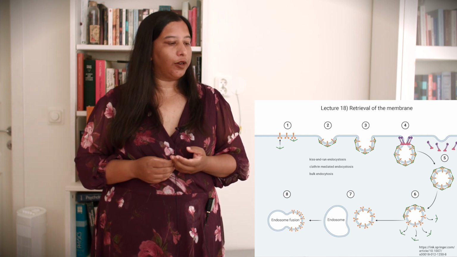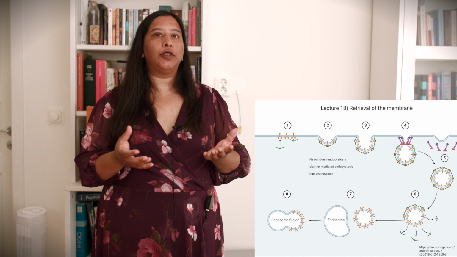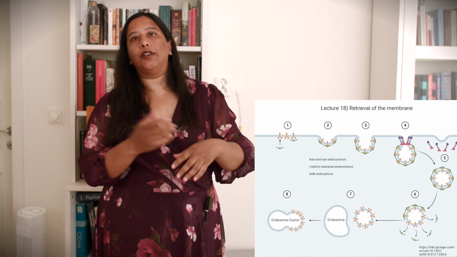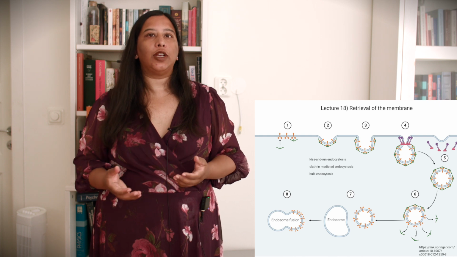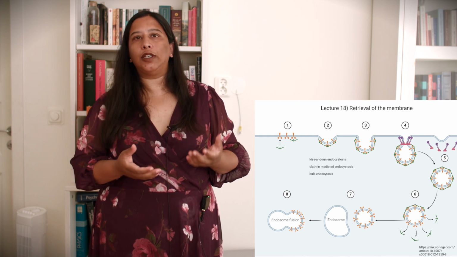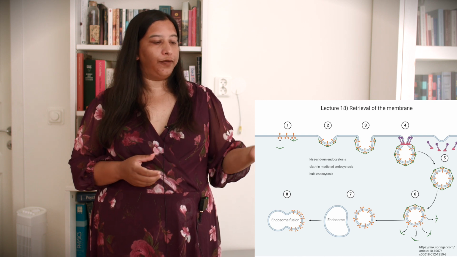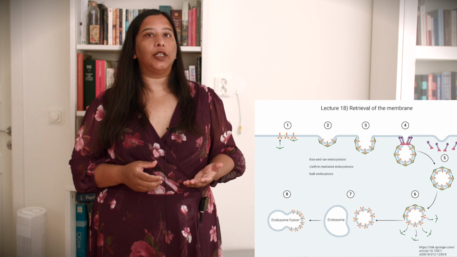They're called kiss-and-run endocytosis, clathrin-mediated endocytosis, or bulk endocytosis. And depending on the situation, for instance, what kind of stimulus the cell gets, it chooses one of these pathways for endocytosis.